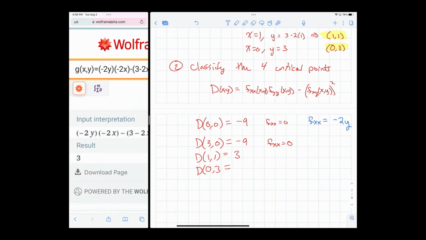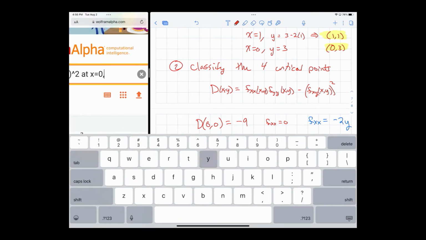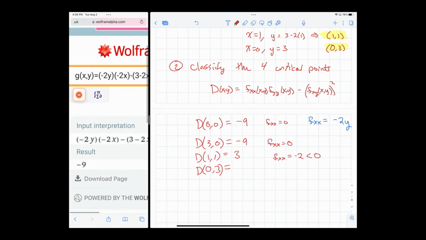If you put in 1, 1 into fxx, you're going to get -2, which is negative. And finally, 0, 3. And we get another -9. And fxx, if you put in a 3 in here, will be -6, which is less than 0.